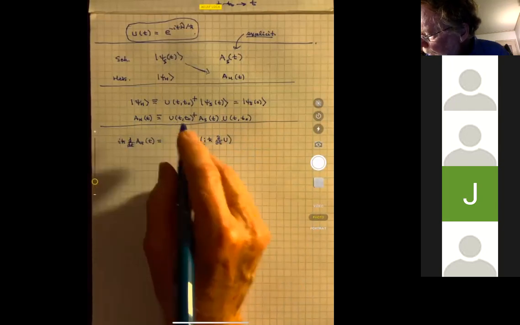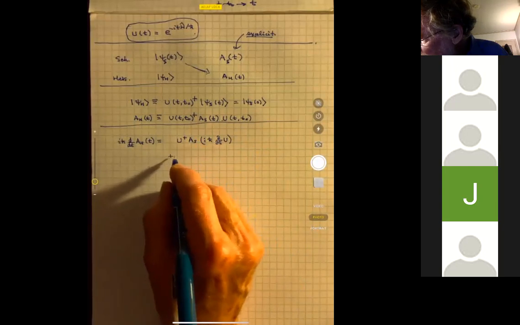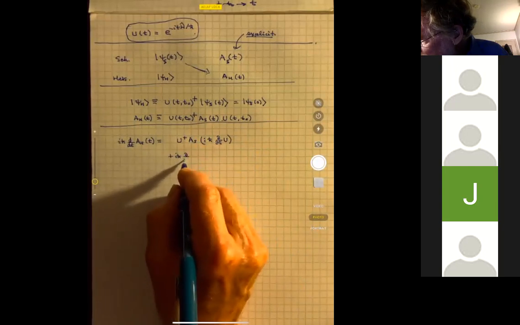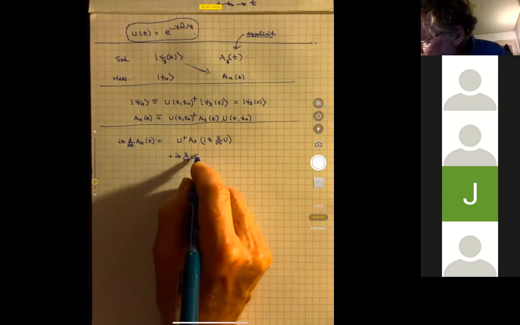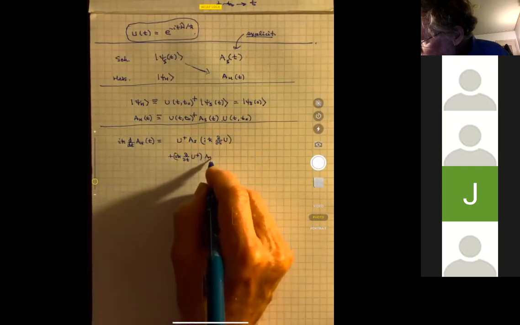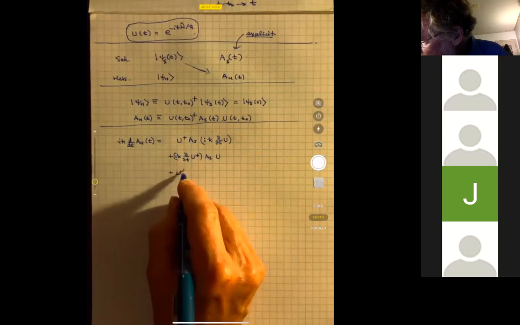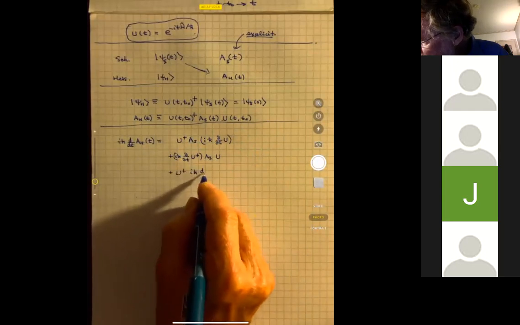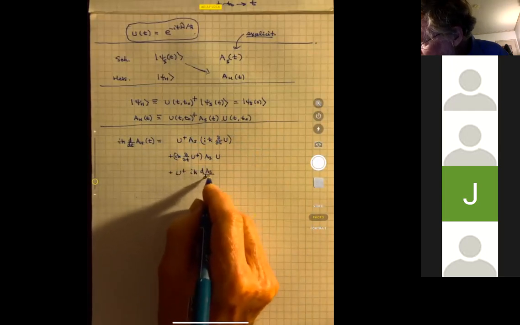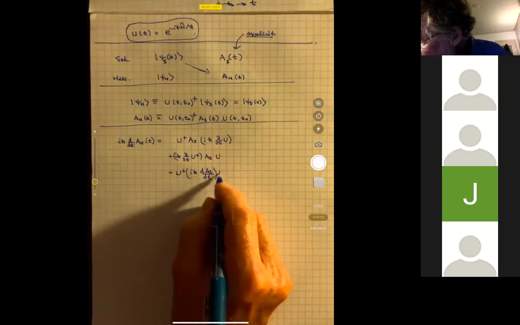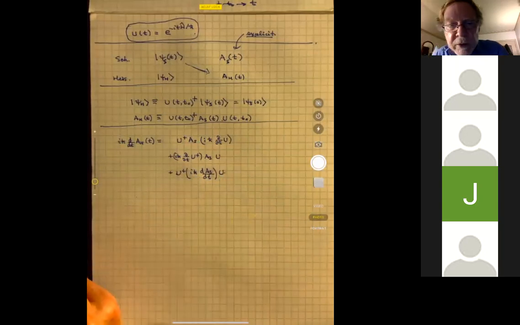And then I'll take the derivative of the first term, it becomes iħ d/dt of U dagger times A_S times U. And then we'll take the middle term and we have U dagger and iħ dA_S/dt, and a U like that. All right, that's just brute force chain rule.